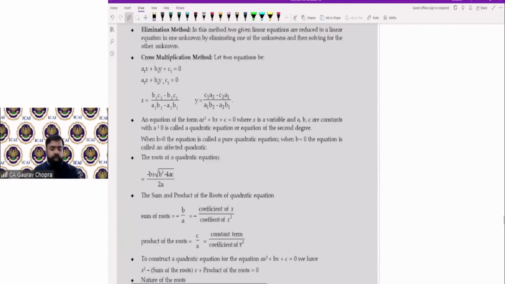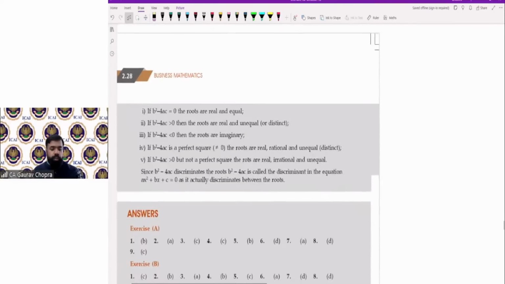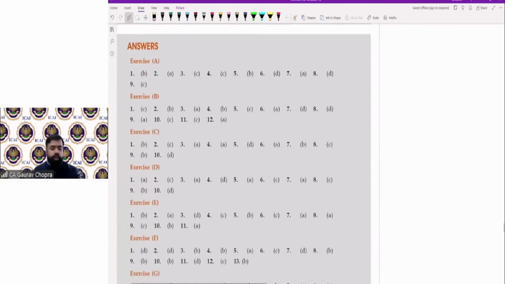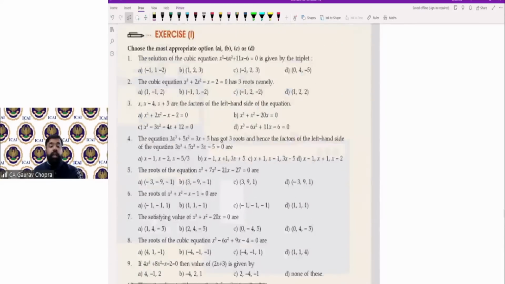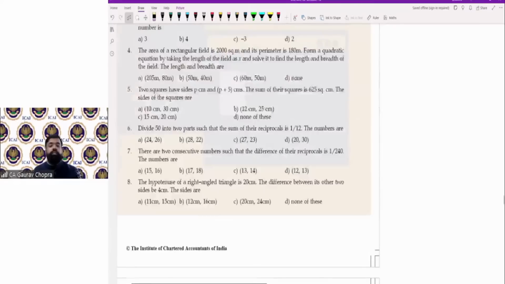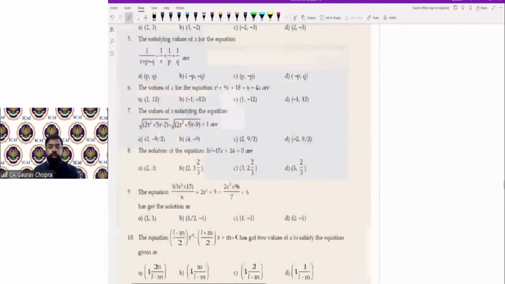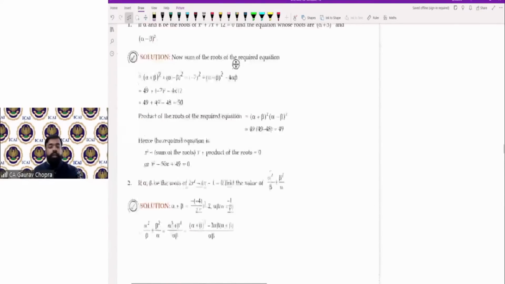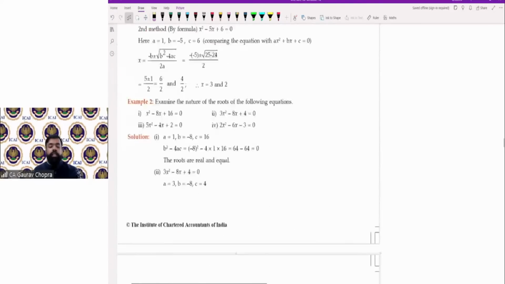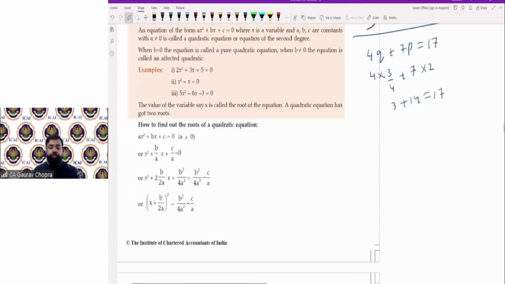And yes, today we have completed exercises A, B, C, D, and E. 5 small exercises we have covered today. In between those questions, some questions are left. You can try them today so that in case of doubt, we will be discussing them.